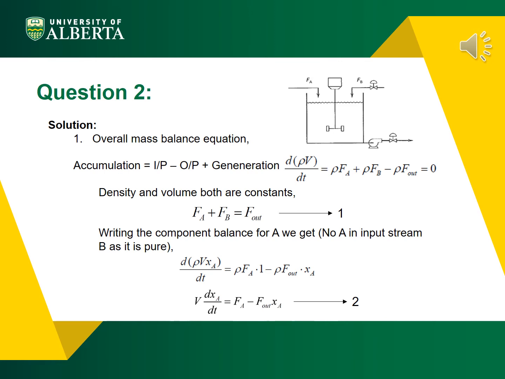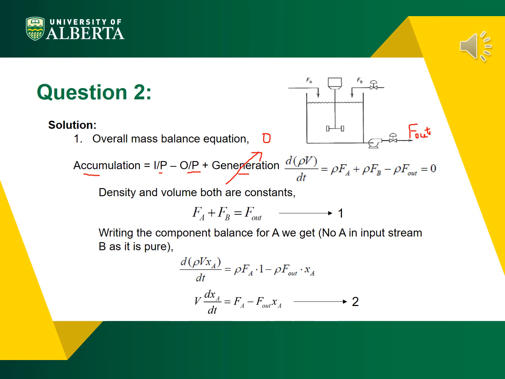So now let us see how to derive the mass balance equations for the component A in the exit stream. The general mass balance equation would be accumulation in the system is equal to input minus output plus generation. But here there is no generation, so we can safely assume generation is 0. But there are 2 inputs and 1 output. So the mass accumulation would be equal to density into volume of the system.